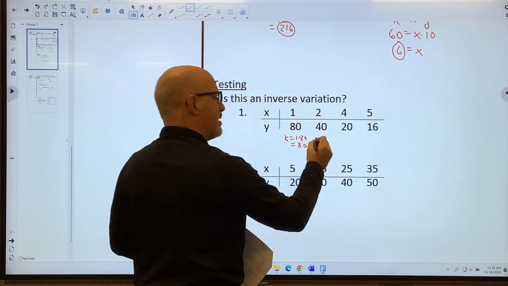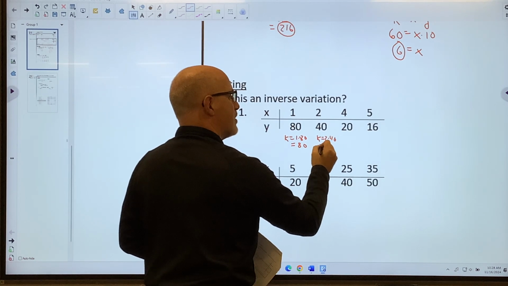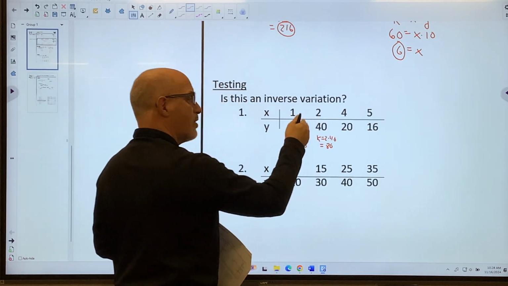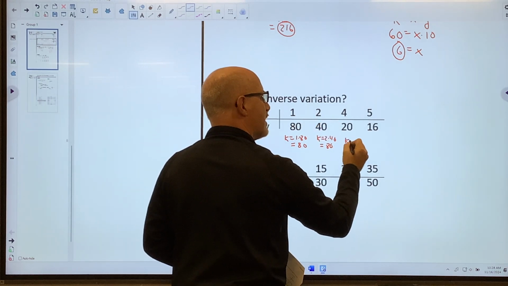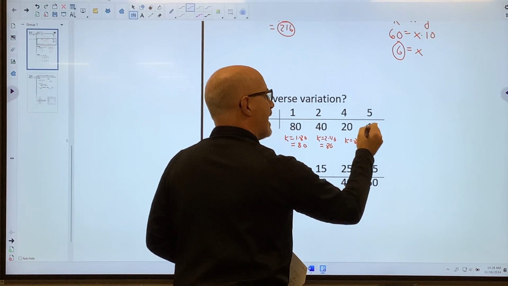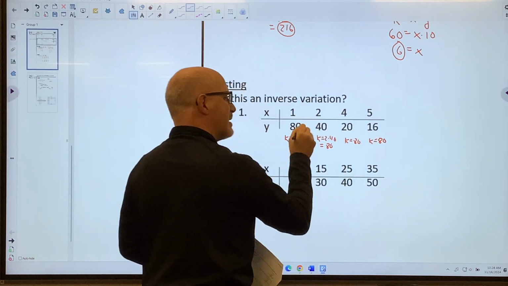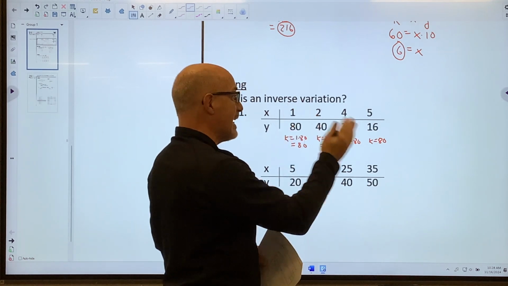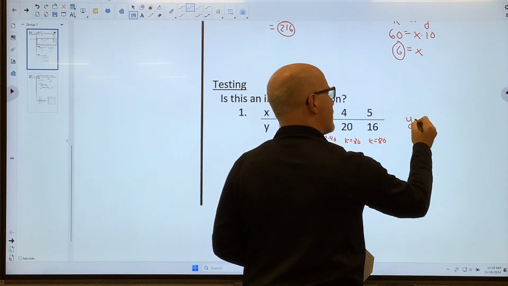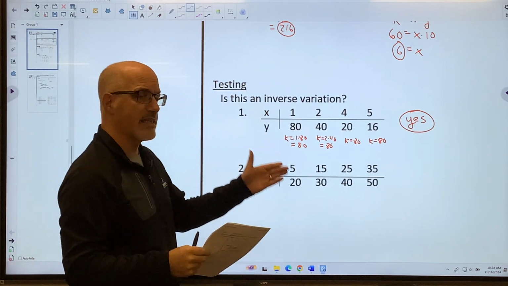Let's see what the constant is here: 2 times 40, which is also 80. So far so good; it's stayed constant. 4 times 20 is also 80, and 5 times 16 is also 80. Since the constant is the same for every ordered pair listed, yes, this is an inverse variation.